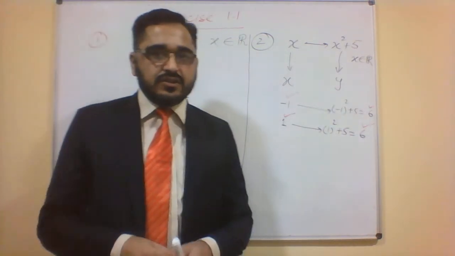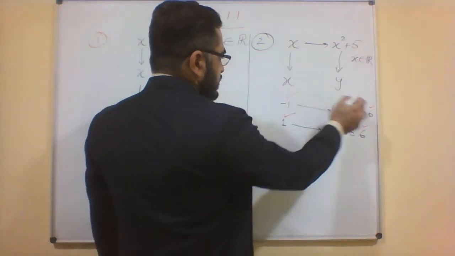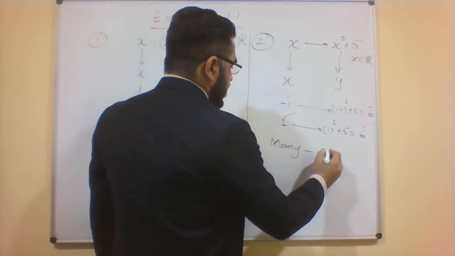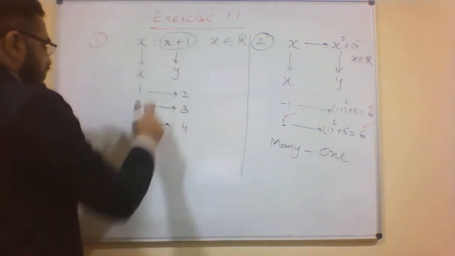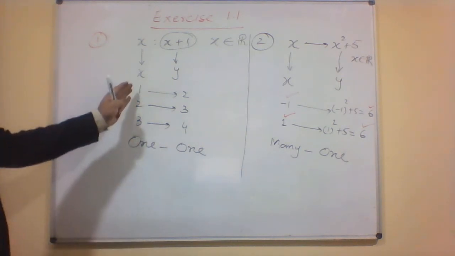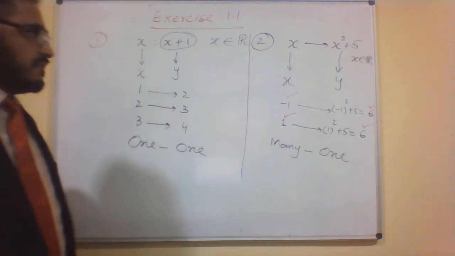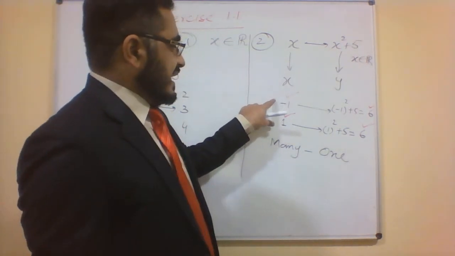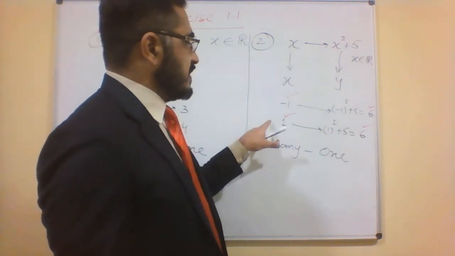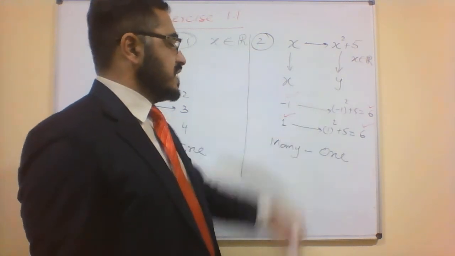From many values we get one value, so this is many-one. The previous one was one-one, where for every domain value we got a different range value. Here, for two different domain values we get the same range value, so this is many-one.